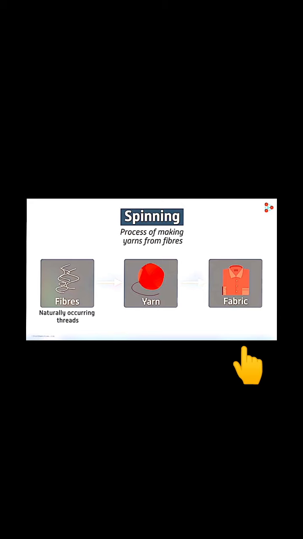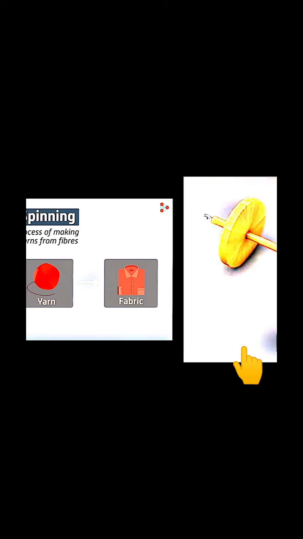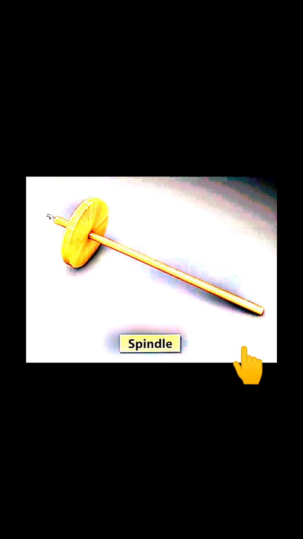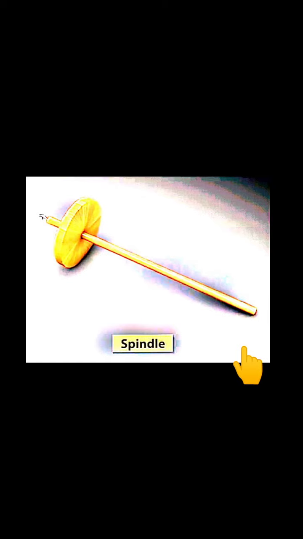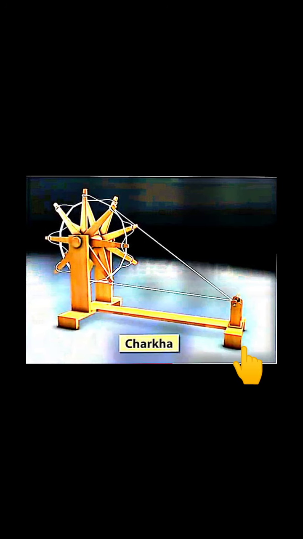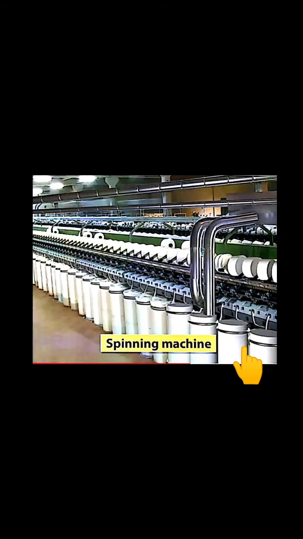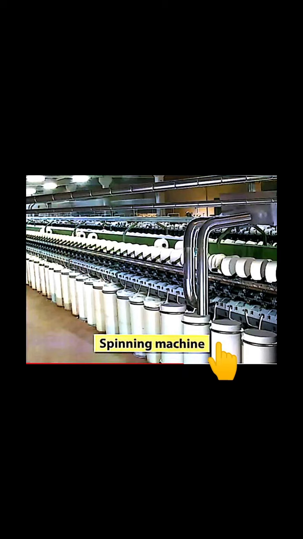But traditionally in India, it was done by hand operated equipment like the hand spindle, also known as takli. Another hand operated equipment is the charkha, also known as the spinning wheel. But with advancement in technology, new machines to spin the thread are now available, because hand spinning was not appropriate to meet the demand.